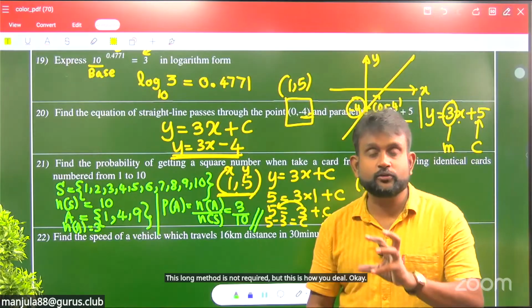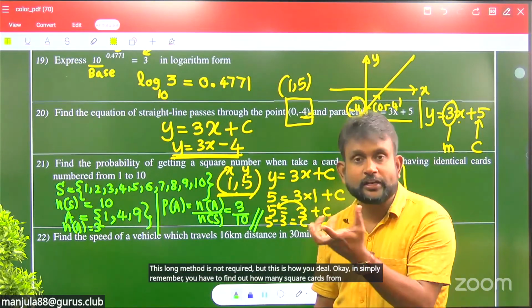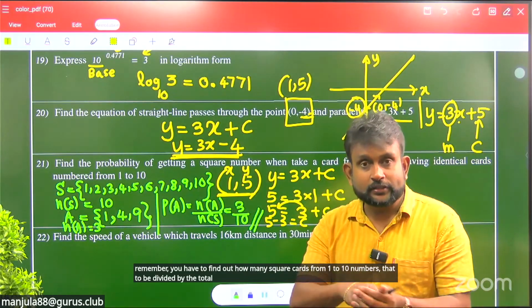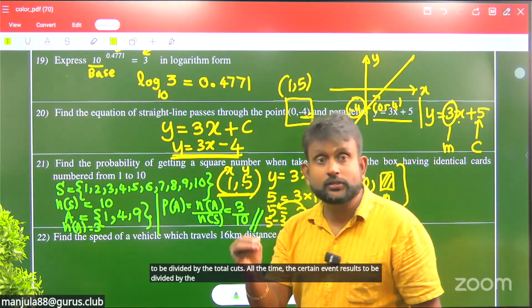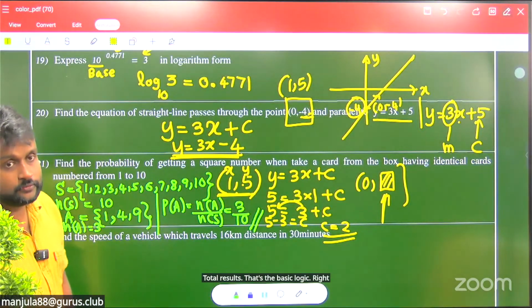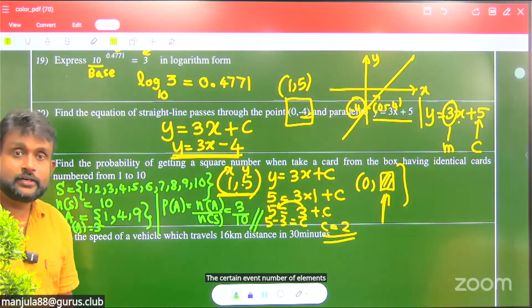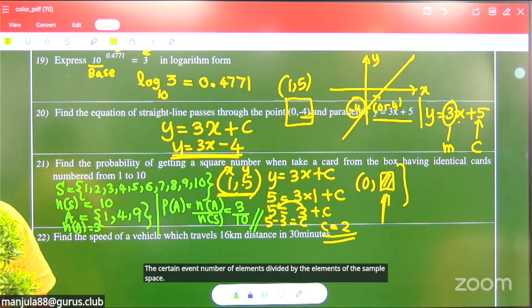Simply remember, you have to find how many square cards there are from 1 to 10, divided by the total cards. All the time, the certain event's results are divided by the total results. That's the basic logic: the number of elements of the event divided by the elements of the sample space. Right, complete it.